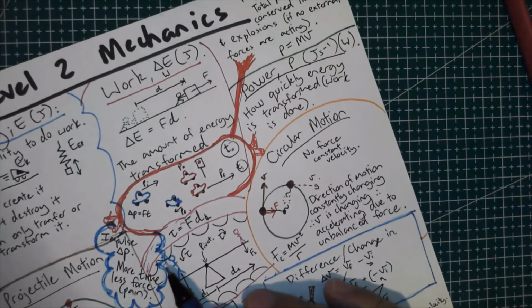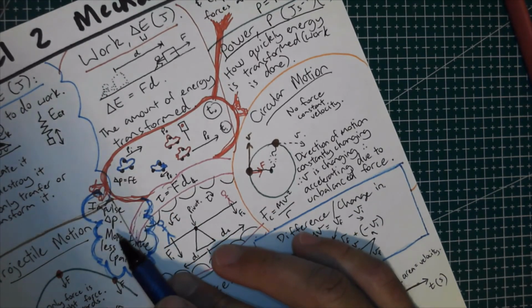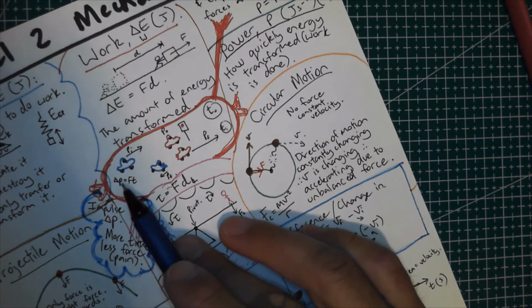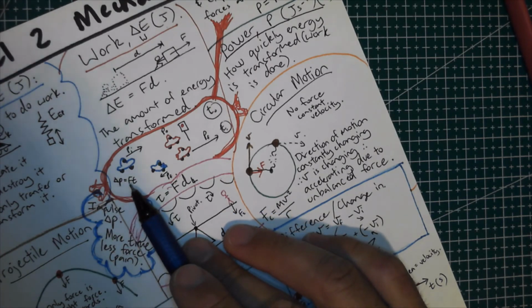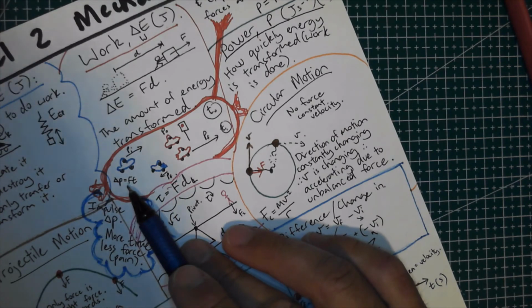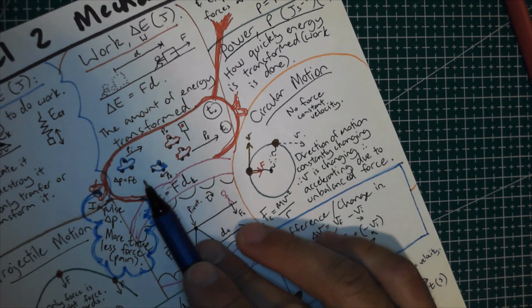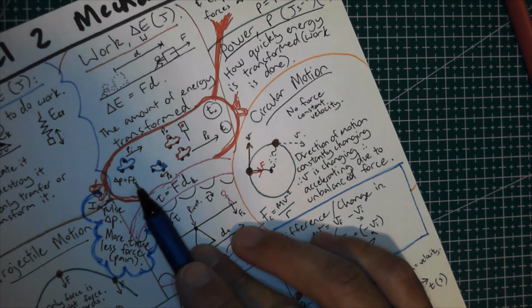And the final thing to consider with momentum is impulse. Impulse is the change in momentum. The change in momentum is also equal to the force on an object times the time that that force is acting. So for example, in a collision like this, the time of the collision is t.